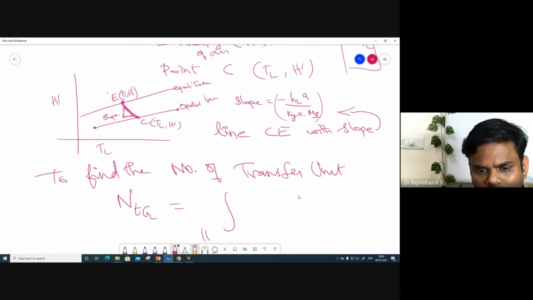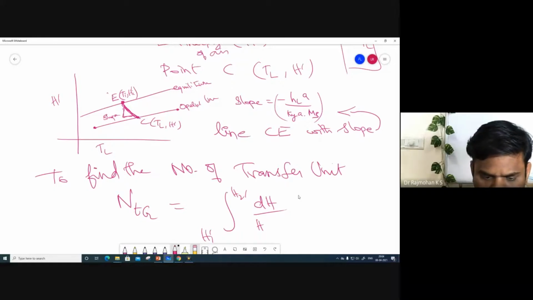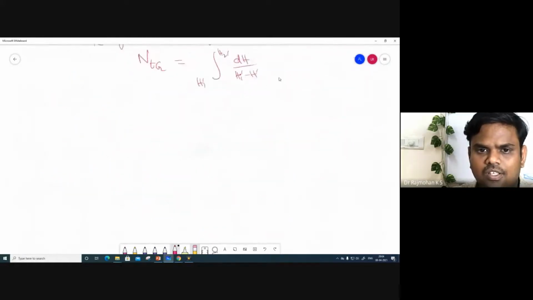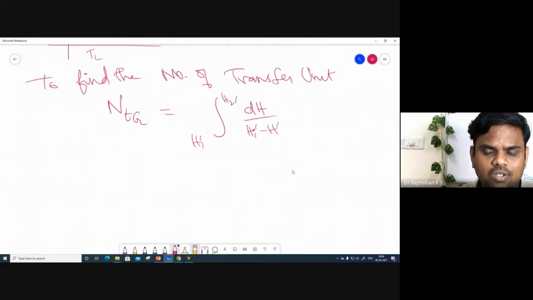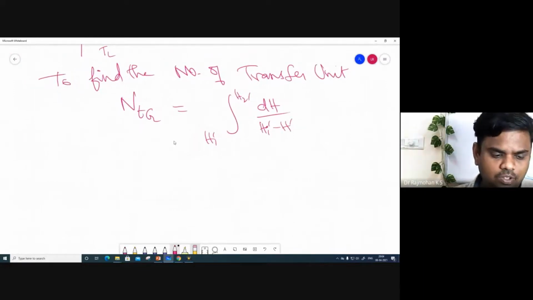It is the integral from H1 dash to H2 dash of dH by HI star minus H star. So how to find the number of transfer units, because we have a formula like this? We have to determine the values graphically.